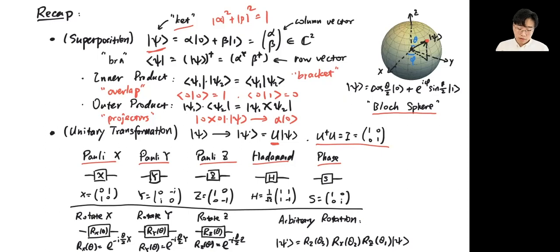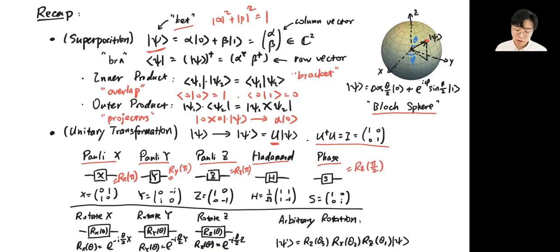The rotation gate matrices are defined as the matrix exponentials written down here. In the context of rotations, these Pauli X, Y, Z gates are essentially rotations along different axes by 180 degrees, which is pi radians. And the phase gate is essentially a Z rotation of about 90 degrees.